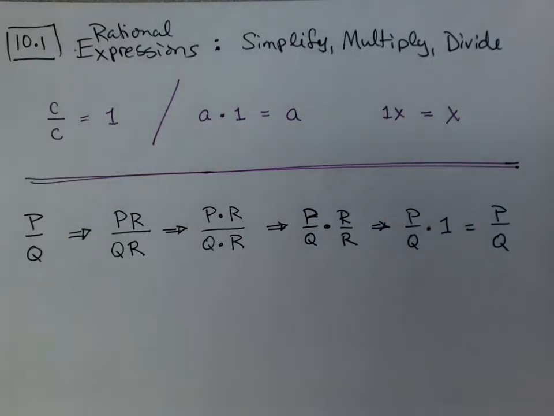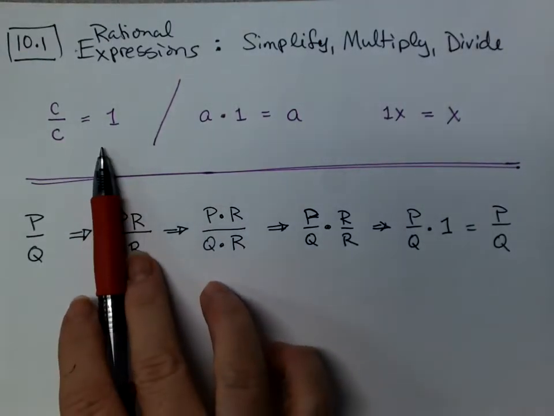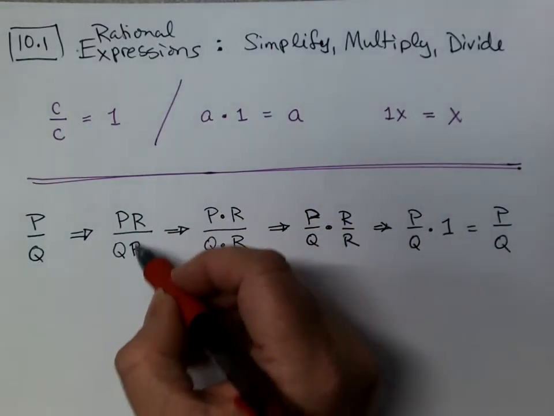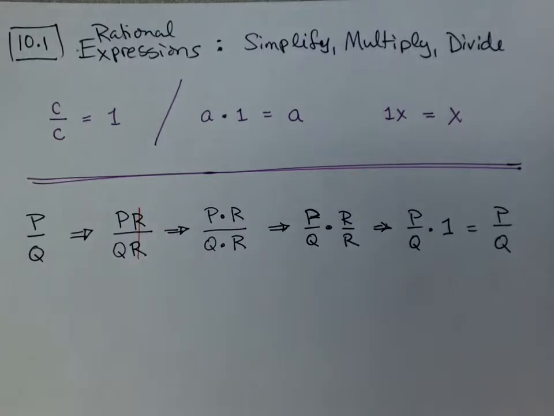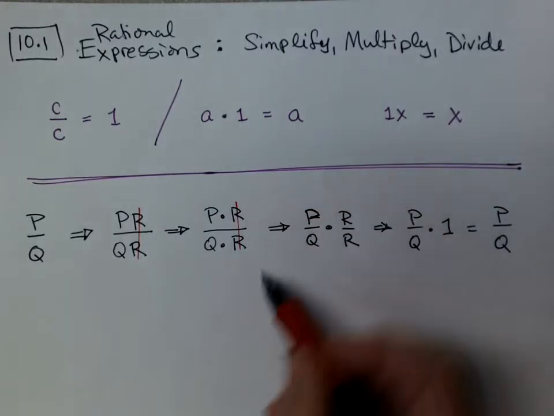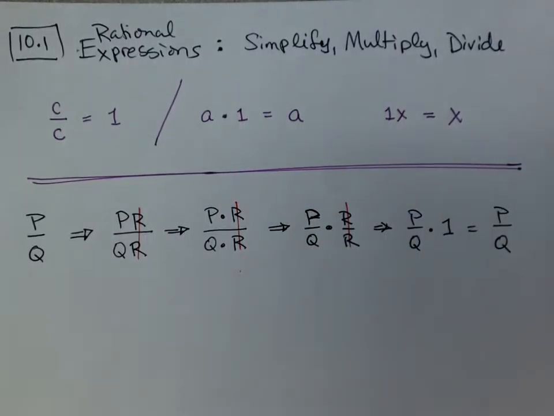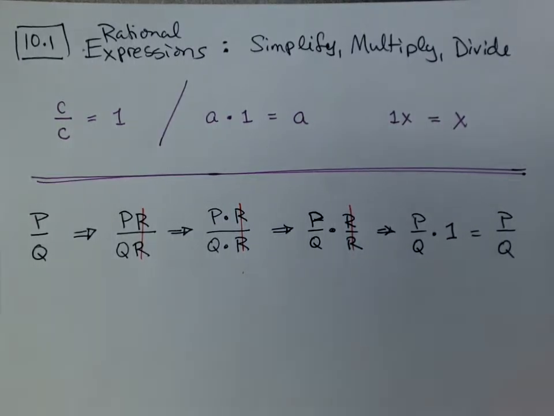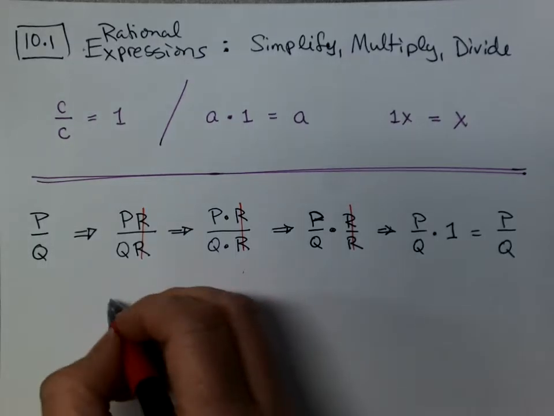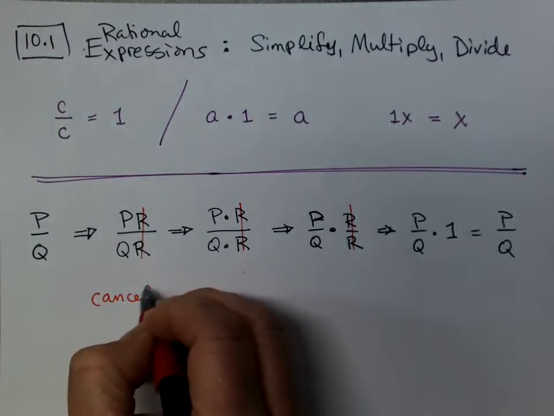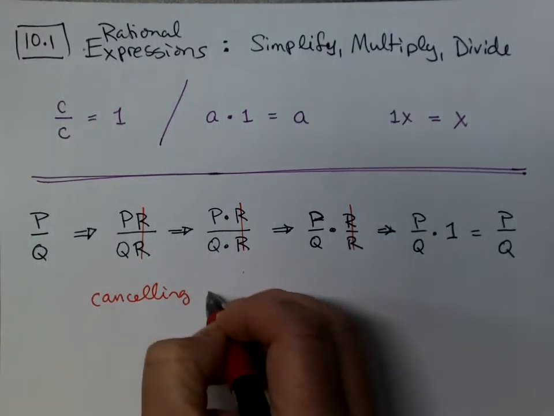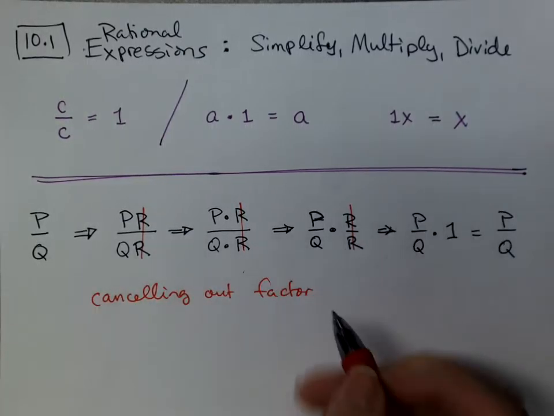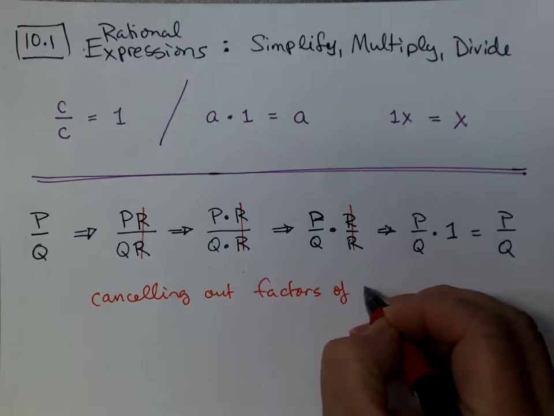According to our rules of identity, what this means is that you cancel them out, because that's what they do. This is what's called a factor of 1. If it cancels out to 1, and times 1 doesn't change anything, so you can just drop it. What we're doing here is canceling out factors. Factors means something we're multiplying by. Factors of 1.